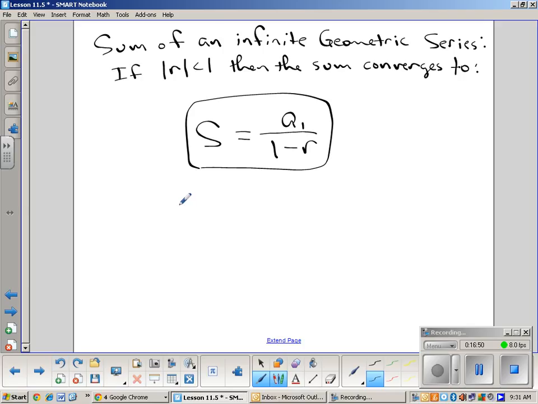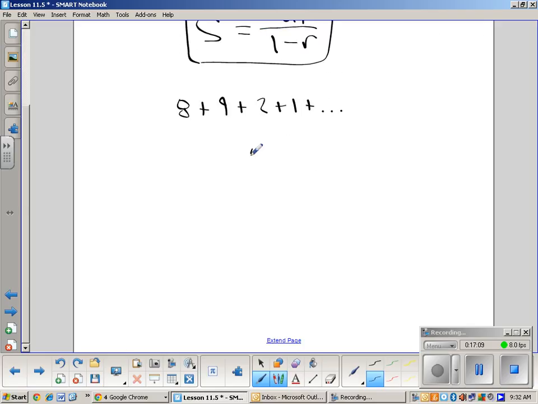And so if we go back to 8 plus 4 plus 2 plus 1 plus, okay, what's my first term? 8. Divide by 1 minus my ratio. What was my ratio? 1/2.